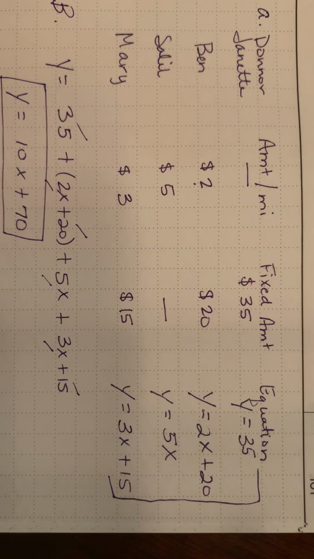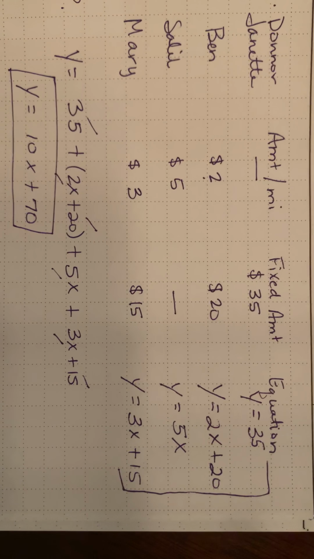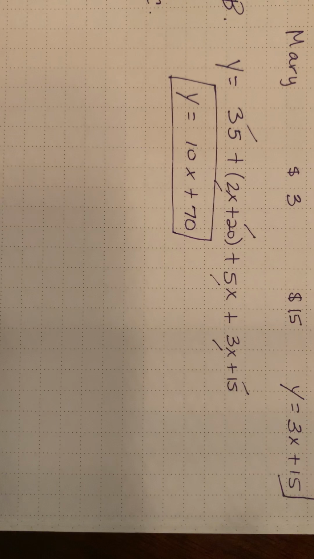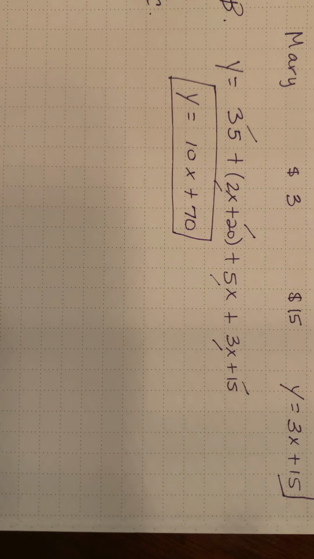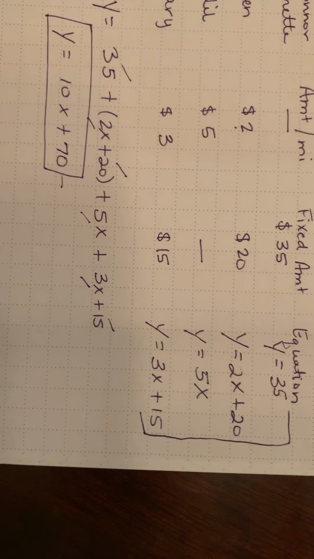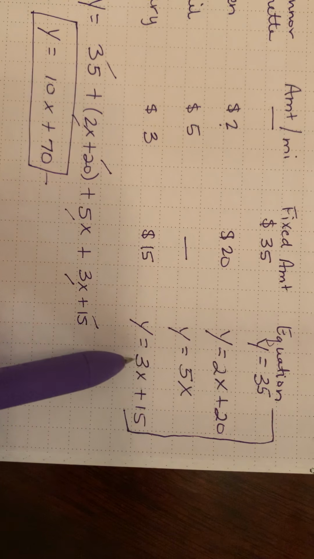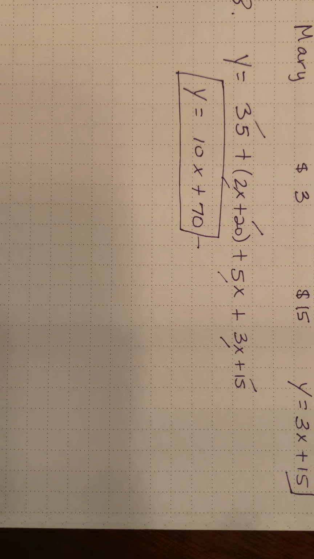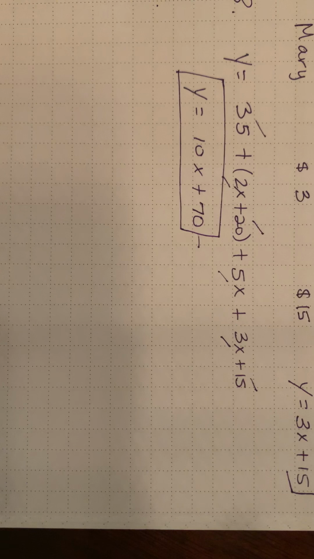Now C says, consider the equations from part A and part B. All right, so we're looking at this equation and then all of these equations here. And it says, which equation has the graph with the greatest slope?